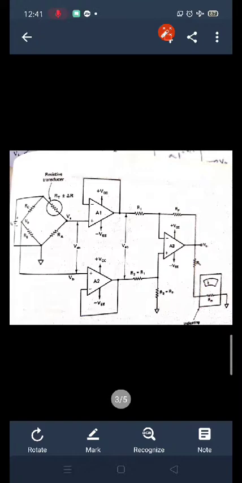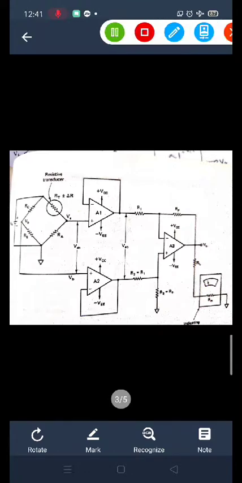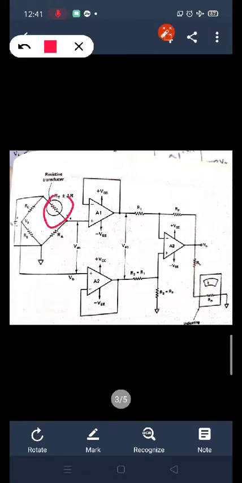Look at the figure: a resistive transducer is connected to one arm of the bridge, and the resistance of this arm changes as a function of some physical energy.